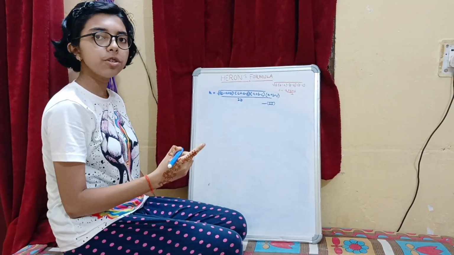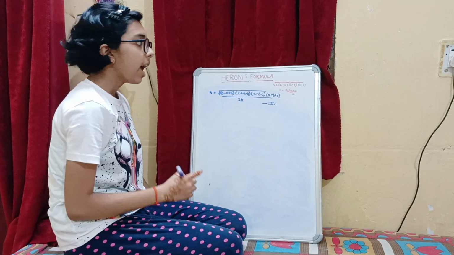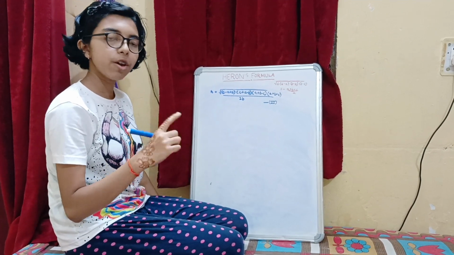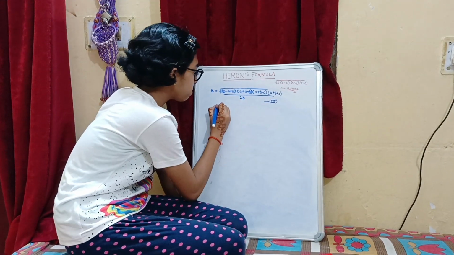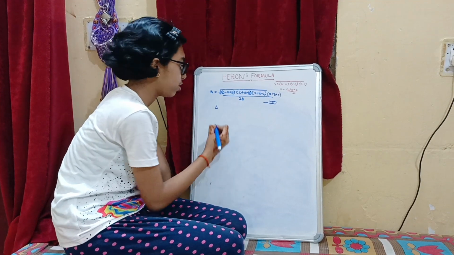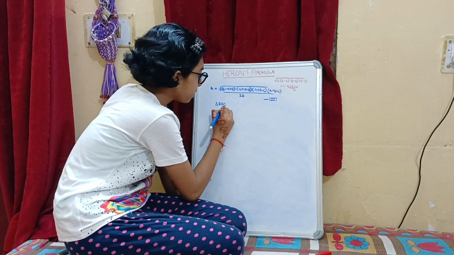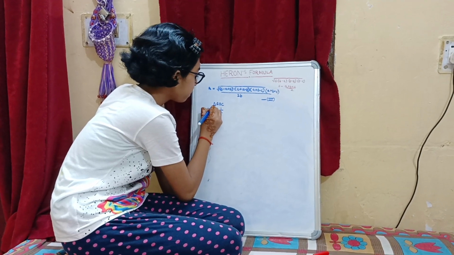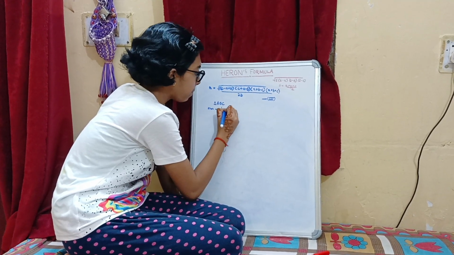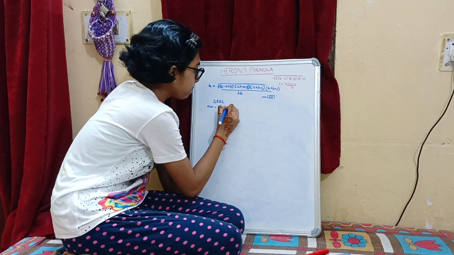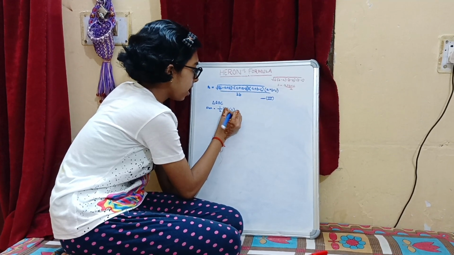Now we will move to the triangle ABC again, and as we know, the formula of area of triangle is 1 by 2 b into h. So triangle ABC area will be 1 by 2 b into h.